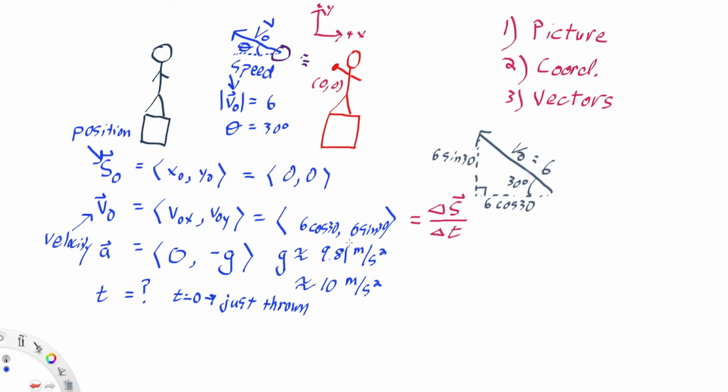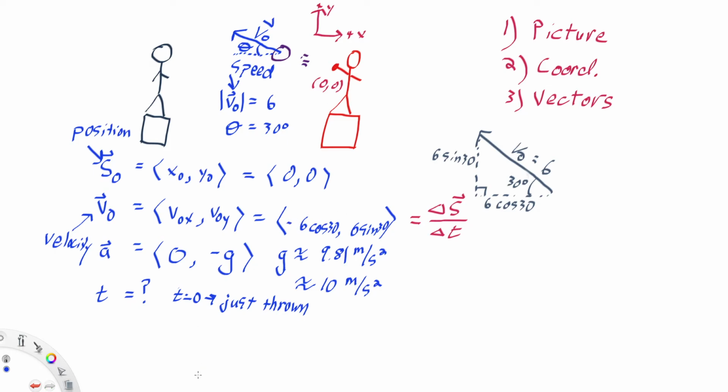So sine of 30 is a half. Cosine of 30 is square root of 3 over 2. And we actually need to make one more alteration here, since way back at the beginning of this problem, we decided that to the right was the positive x direction. This throw is actually going in the negative direction.